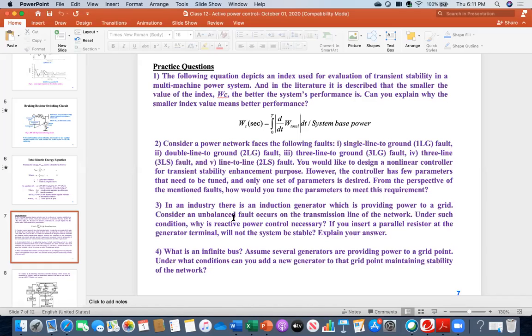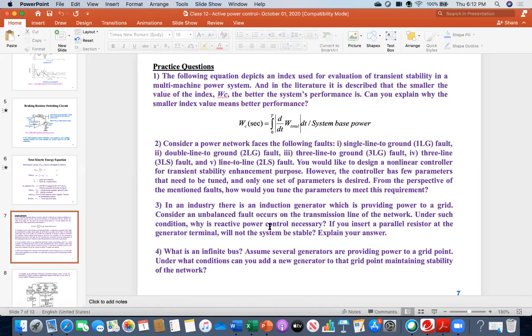Because I mentioned unbalanced fault, certainly some zero sequence current is also developed. Not only the normal positive sequence fault current, zero sequence current will also develop, and those will be going to the ground through the neutral. Therefore, your generator will have neutral, your transformer will have neutral. So there are many paths for the neutral to go. But here the reactive power control mechanism is not through that neutral.